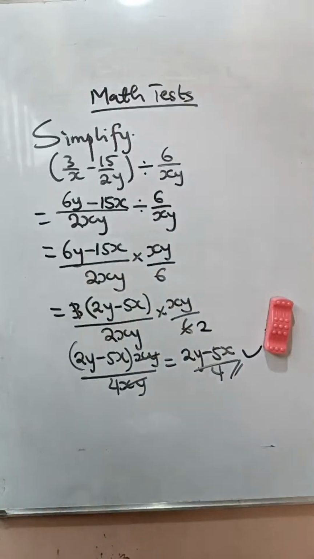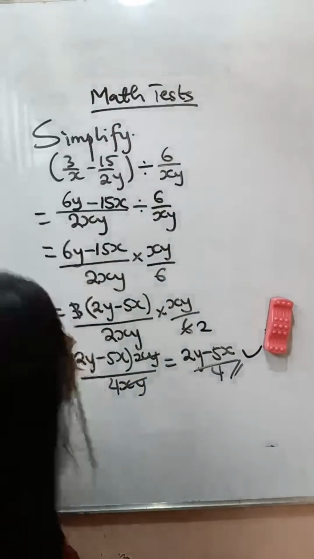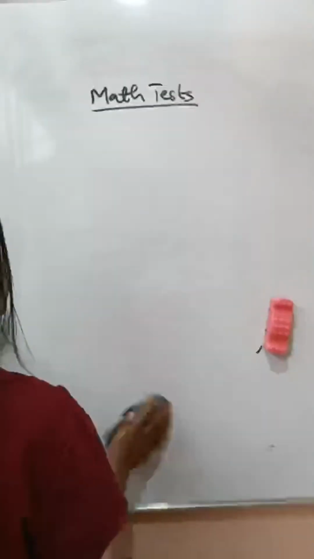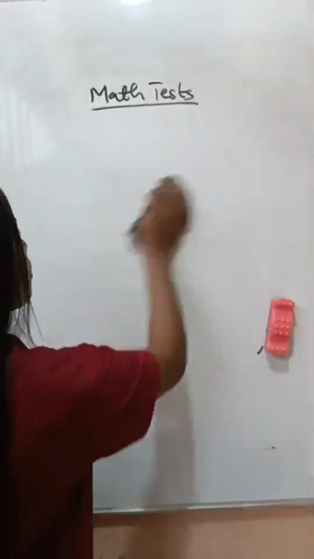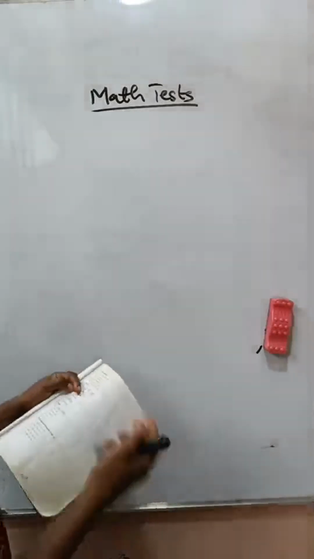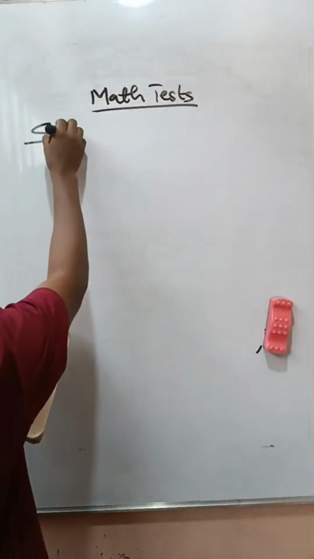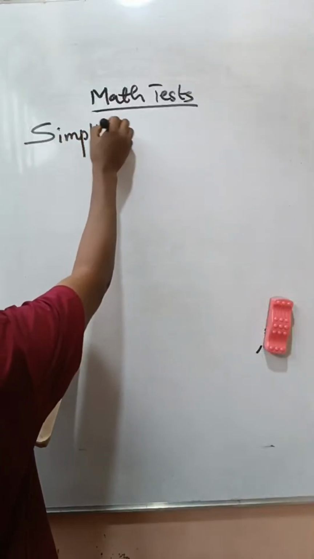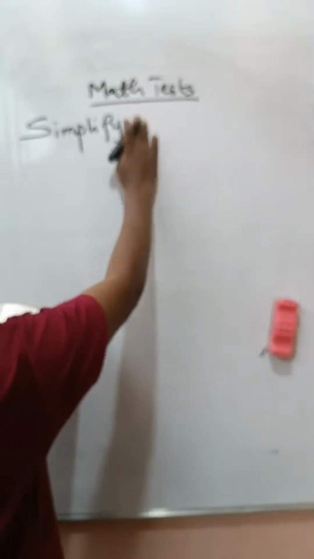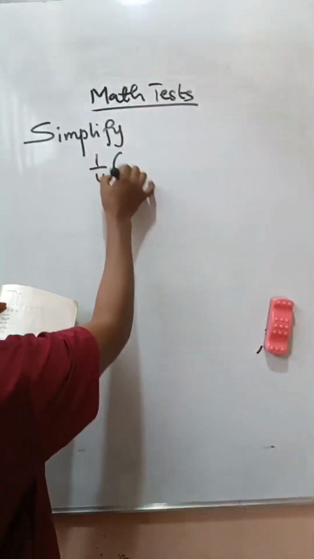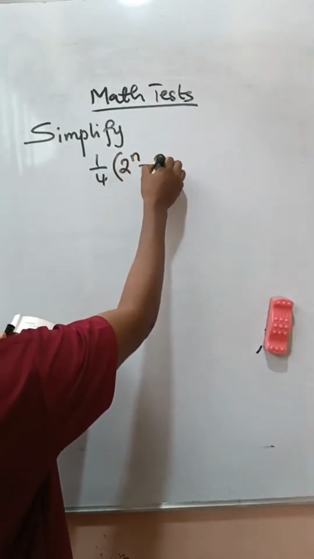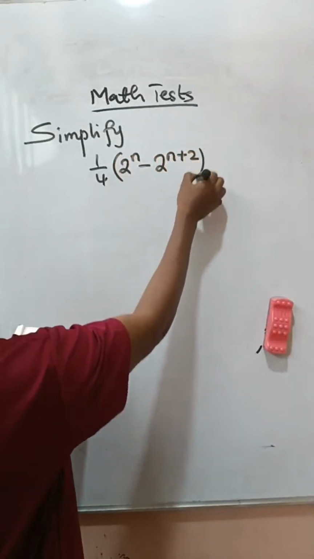Now this question says, I forgot to put the options. I'll put the options in this one now. We are asked to simplify 1 over 4 bracket 2 raised to the power of n minus 2 raised to the power of n plus 2.